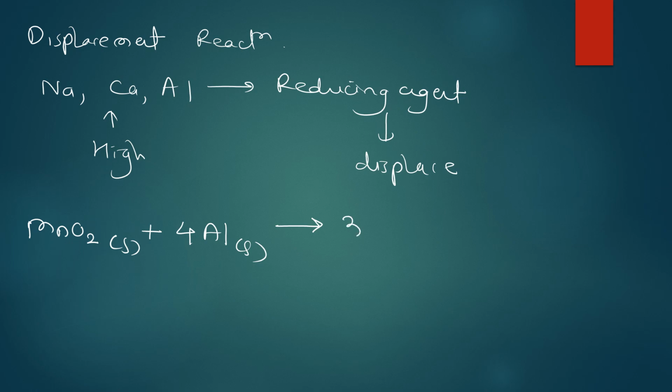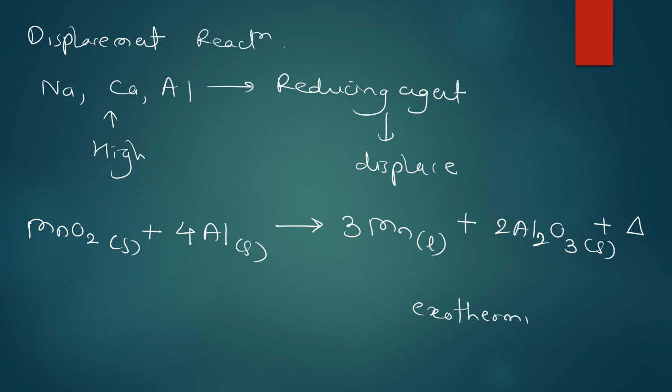We will get 3 molecules of manganese in the liquid form plus 2Al2O3 solid form plus heat, and this type of reaction exerts a lot of energy, and that's why these reactions are exothermic in nature. The amount of heat evolved is so large that metals are produced in the molten state. That's why we are getting this manganese in the liquid form.